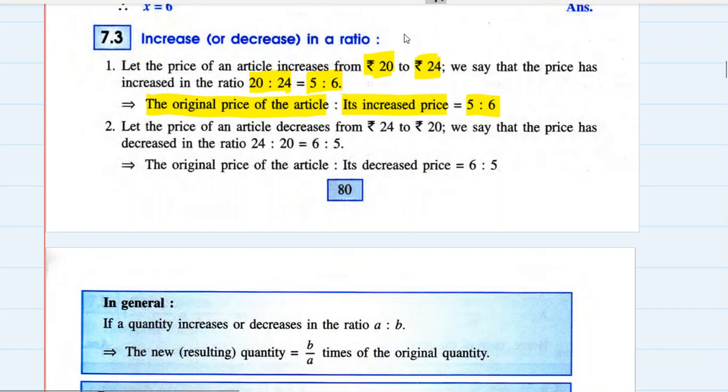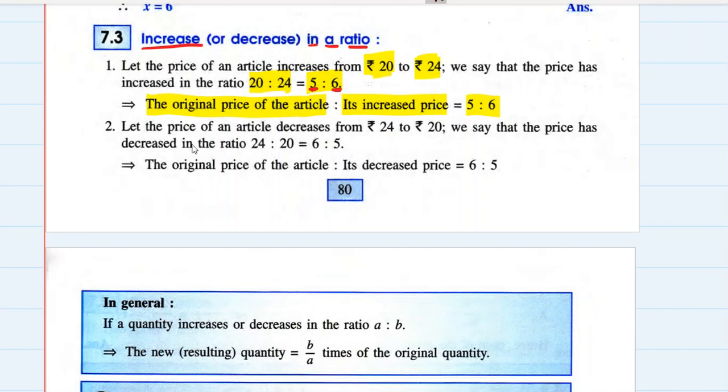Always remember one pattern. Whenever we are finding an increase in a ratio, the first component of the ratio will be smaller, and the second component of the ratio will be greater.